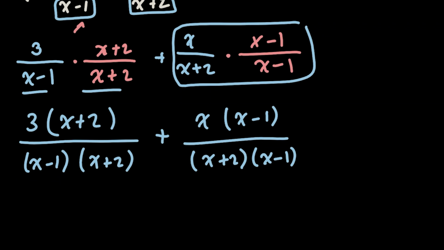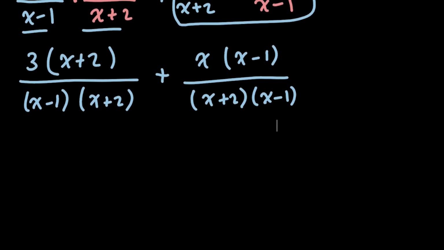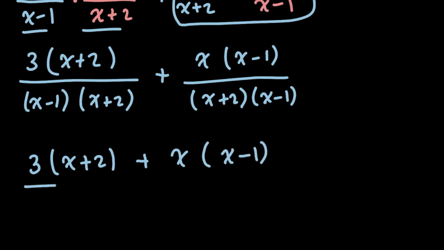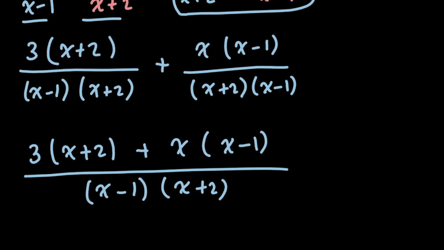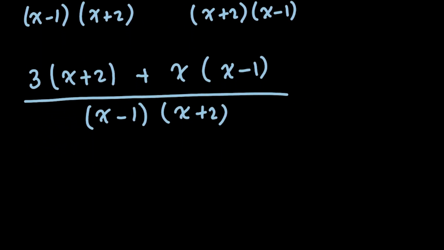Let's see. So we will have here 3 times x plus 2, plus x times x minus 1, over x minus 1 multiplied by x plus 2. Okay, so we can simplify the numerator here.